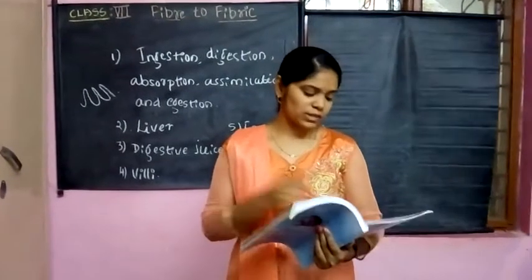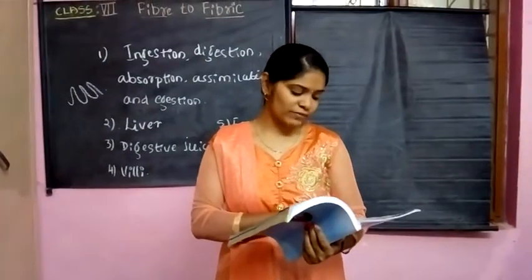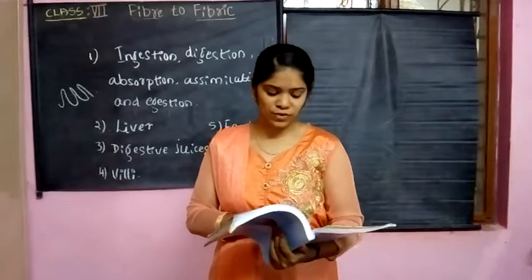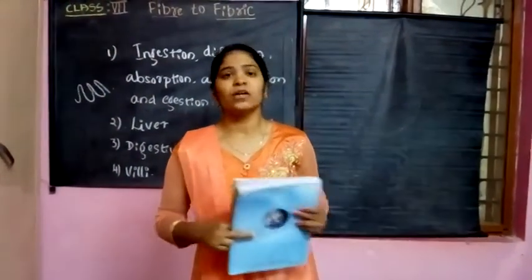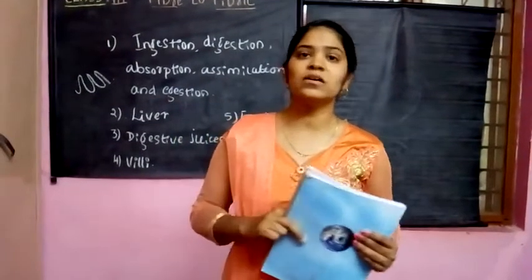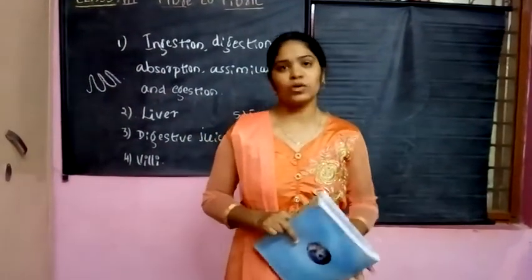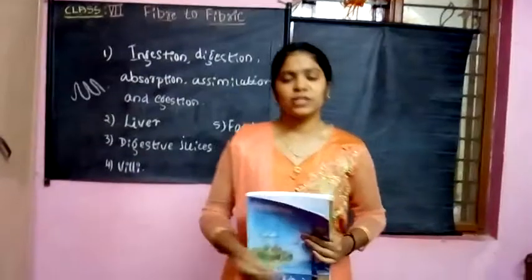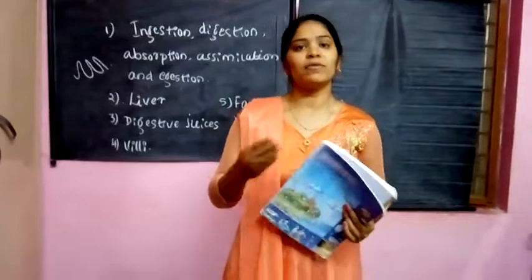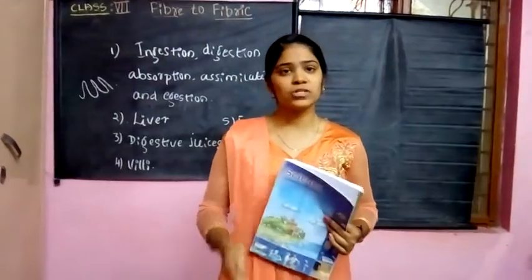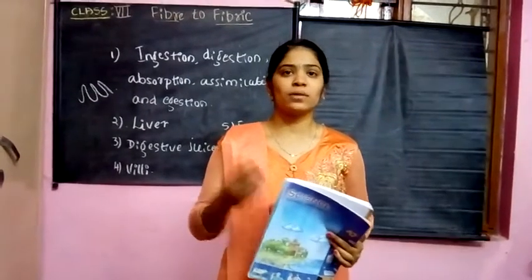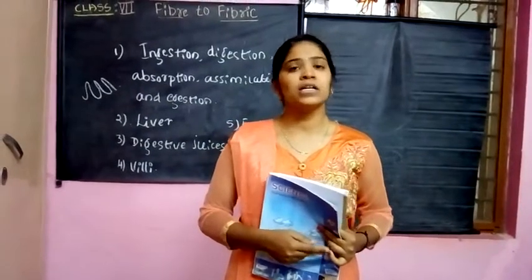The 13th question is, can we survive only on raw or leafy vegetables or grass? Discuss. Human beings do not survive only by taking raw materials or leafy vegetables, because the main carbohydrate present in leaves or grass is cellulose.